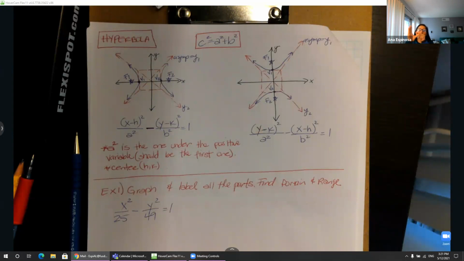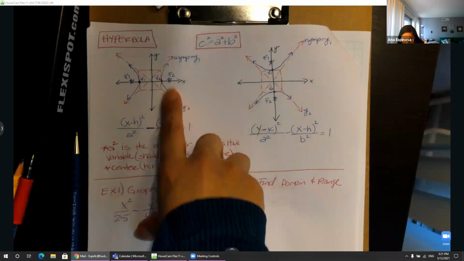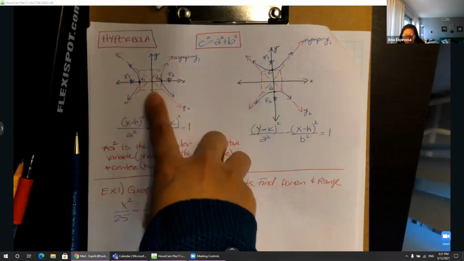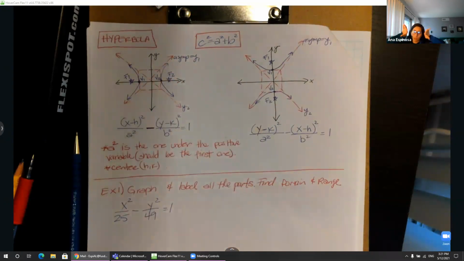If I move my parabola to the left, it's still inside. If I move it down, it's still inside. It doesn't go outside. That doesn't work. It's always inside. So that's the same idea. No matter how I make these parabolas, you'll have two of them. If they're sideways, the focus points will be inside the parabolas.